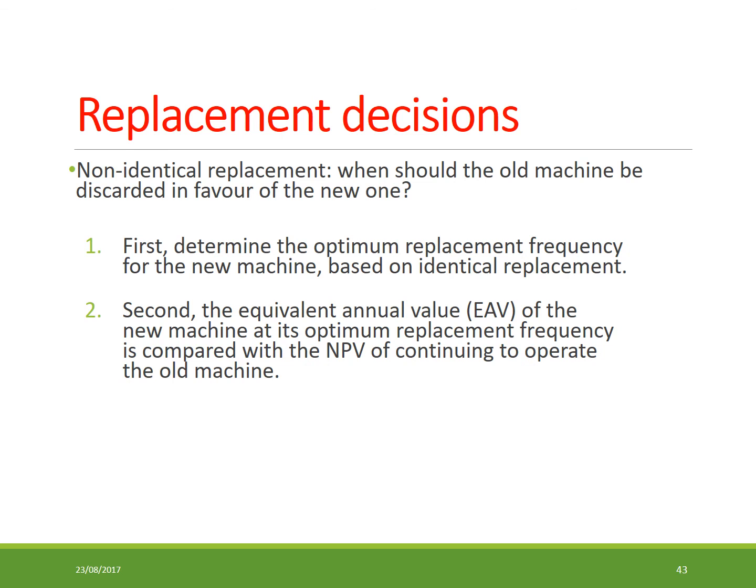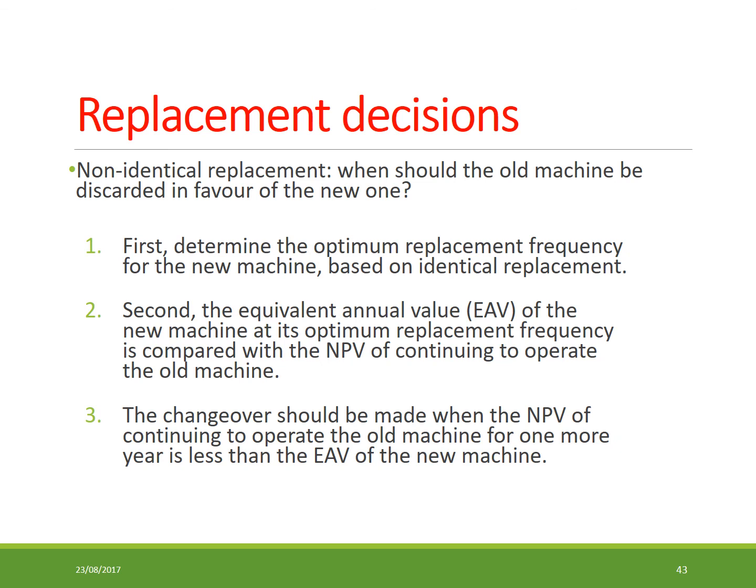Second, we then work out the equivalent annual value of the new machine at the time that we want to replace based on step 1, and then we compare that with the NPV of continuing to operate the old machine, right? So we should replace the old machine with a new machine when the NPV of continuing to operate the old machine for 1 more year is less than the EAV of the new machine, right?